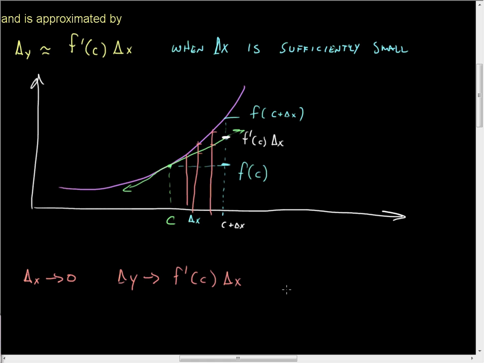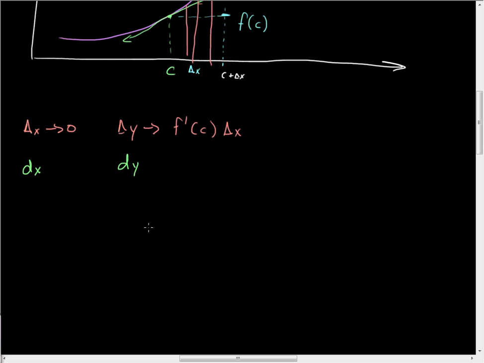Okay, when that happens, we call this a differential. This is the differential of x. This is the differential of y. And so the way that we have this is that dy is equal to the derivative at x times dx.